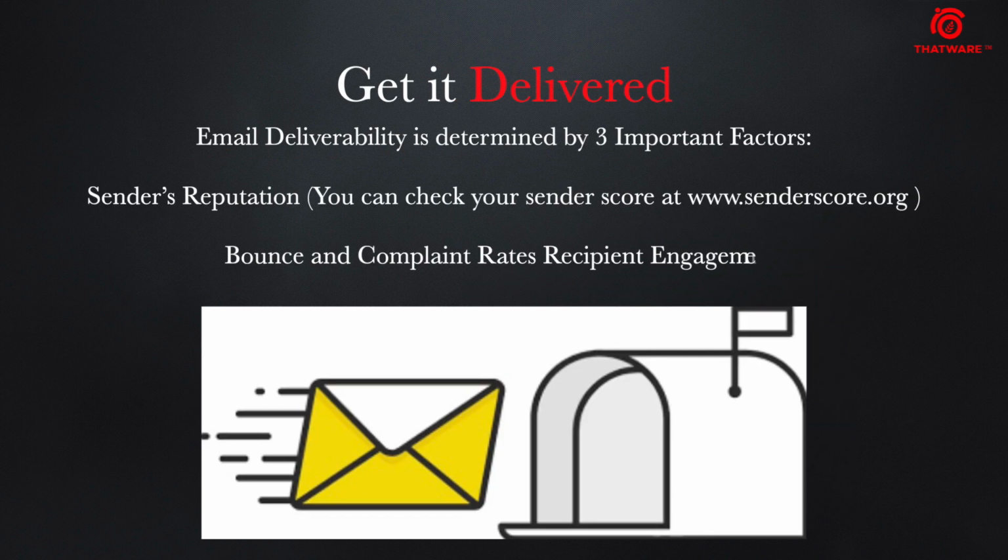Now working on the first one, get it delivered. Email deliverability is an important factor which is determined by 3 things: the sender's reputation, which you can check with your sender score from senderscore.org, your bounce and complaint rates, and your recipient engagement.